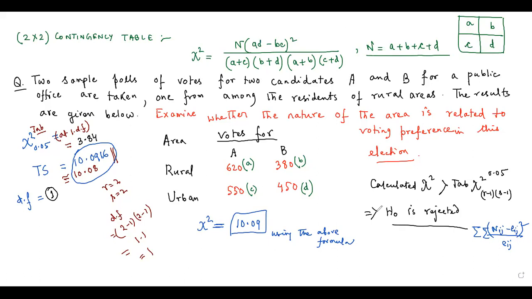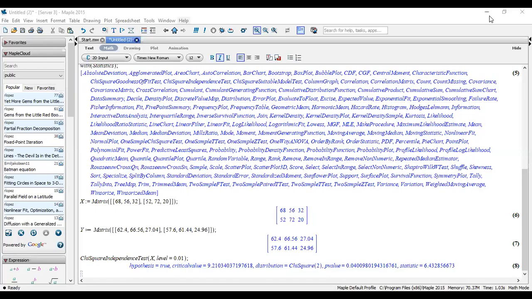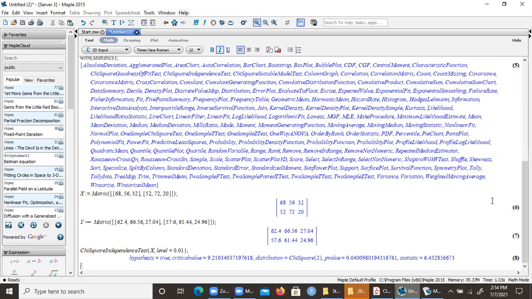Let me now check whether Maple software can help me in this regard or not. Okay, so again, I'm sharing the screen of the Maple file. Let me try to solve this particular problem, checking whether the 2x2 contingency table is present over here or not.